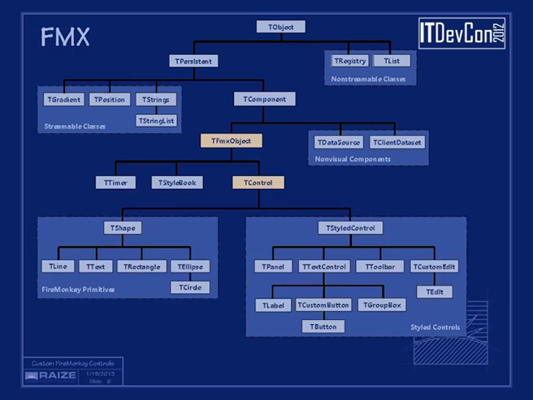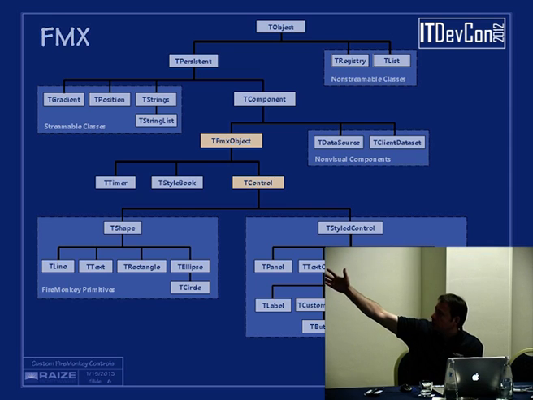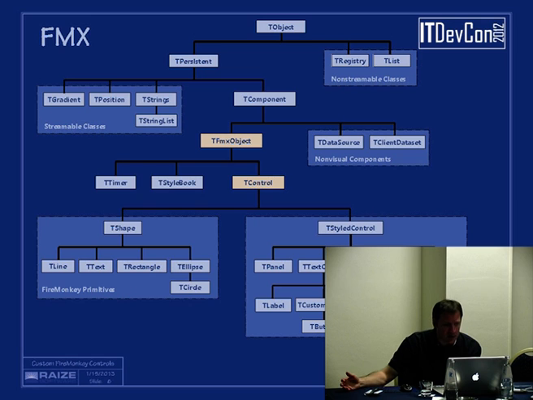So continuing, looking at FireMonkey, similar, the TPersistent non-streamable class is still there, non-visual components are still there. It's the same TDataSource that we're dealing with, same ClientDataSet, no difference. You still have TStrings and TStringList. But instead of TControl being right below TComponent, it is TFmxObject.